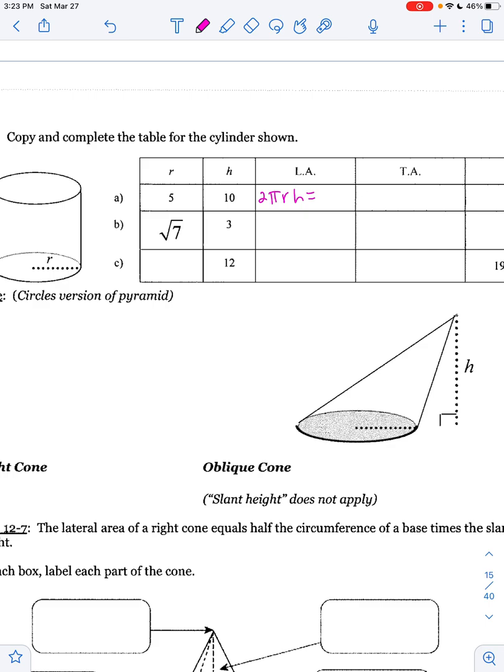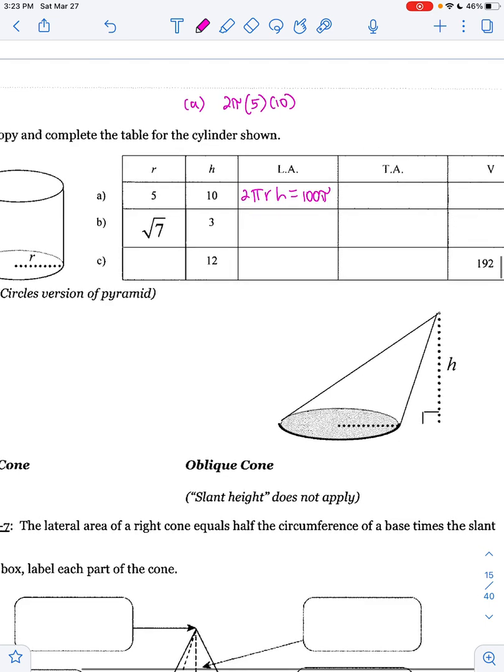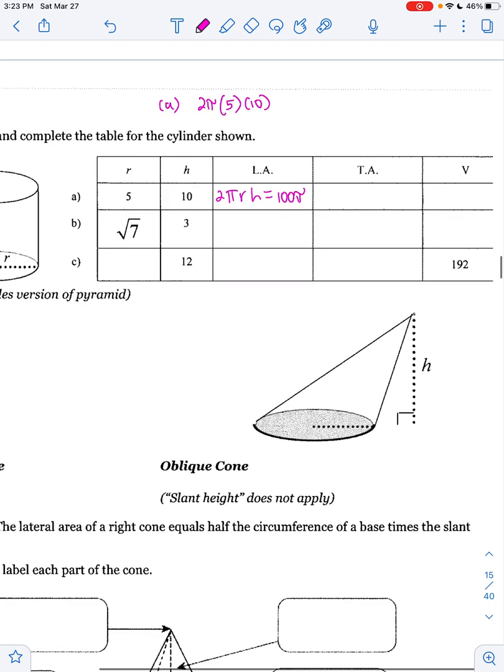So if I do my calculation above here, just because there's more space, r is 5, and this is for question A. 2 pi times 5 times 10. So again, commutative property, 2 times 5 times 10 is 10 times 10, or 100 pi. For total area, we're going to take what we got for lateral area and then add the area of the two bases.